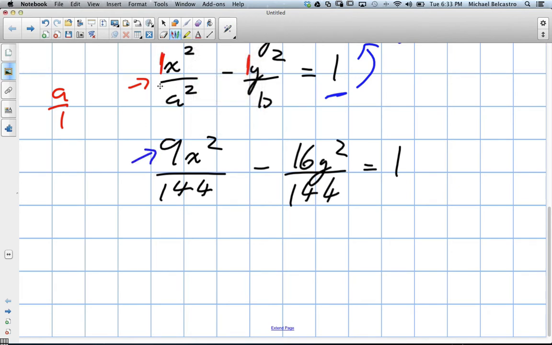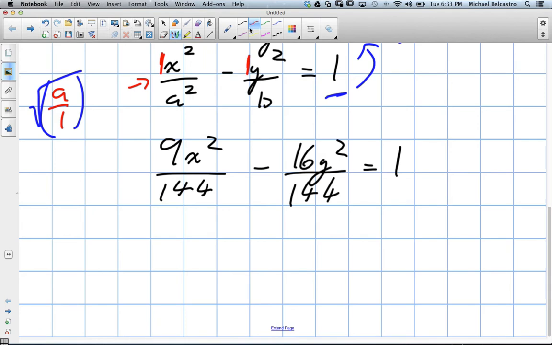So we have to substitute this 9 in for the denominator of our a value. Okay, so we know the a value is the root of the bottom number. So we'll take the root of this bottom number, and it's probably going to be the root of the entire thing in this case, right? So we're going to take the root of both the bottom and the top. We'll set it up like this.